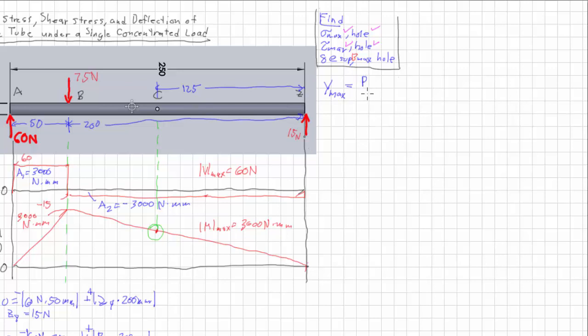It's P, which is the load here, 75 newtons, times A times B. Now, what is A and B? The one that I was using considers things going from right to left. So A is going to be the 200 millimeters and B is going to be the 50 millimeters.